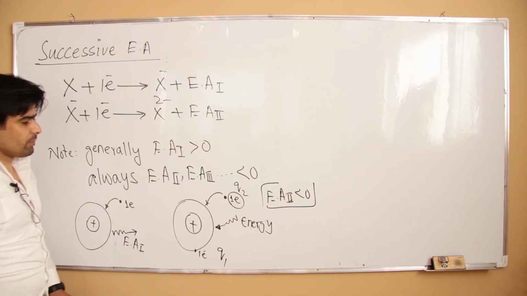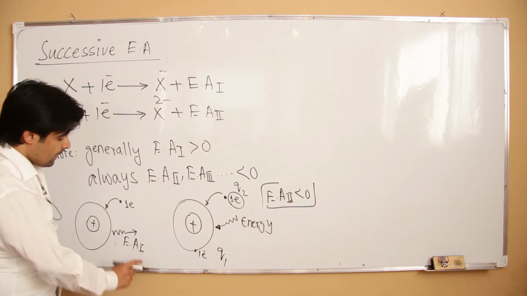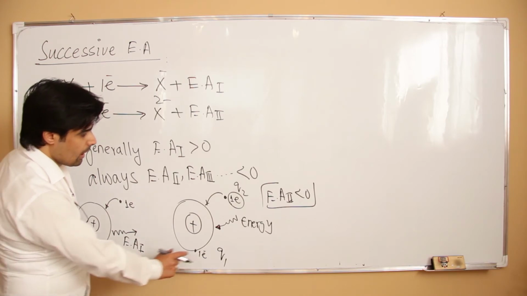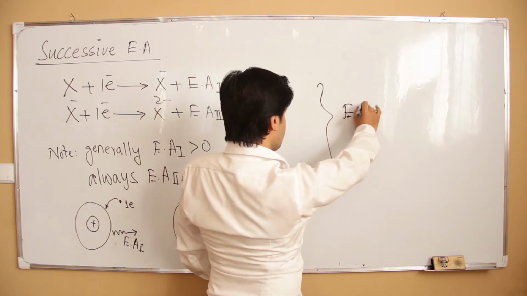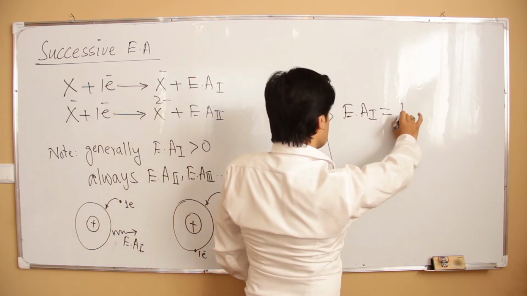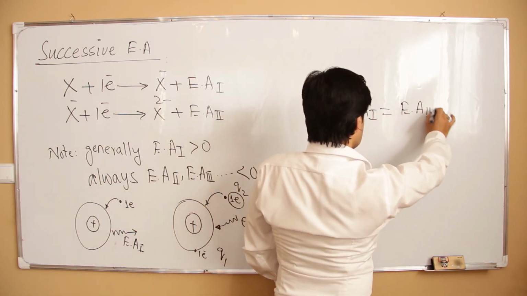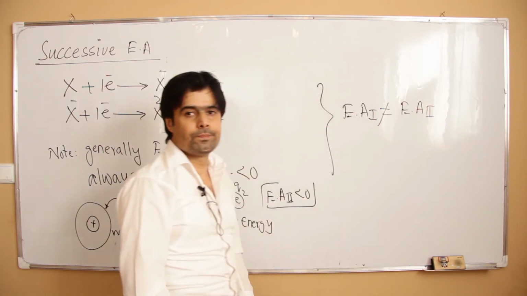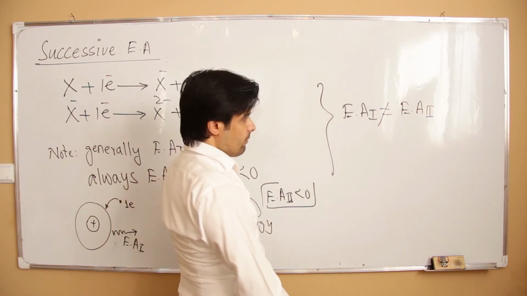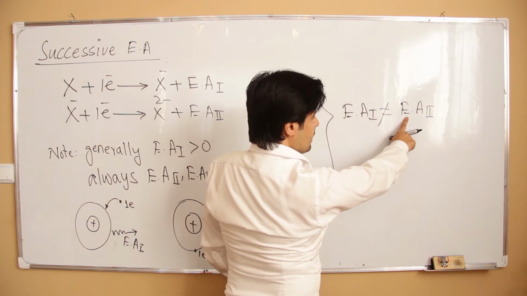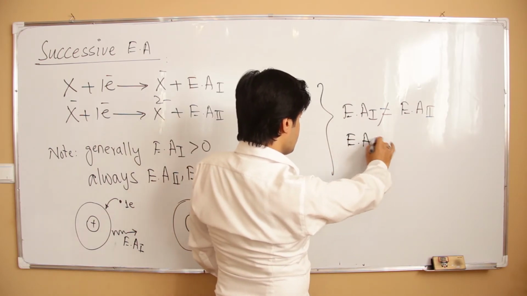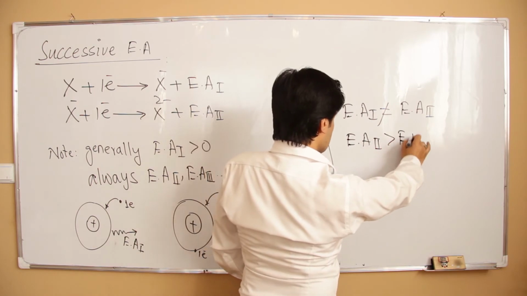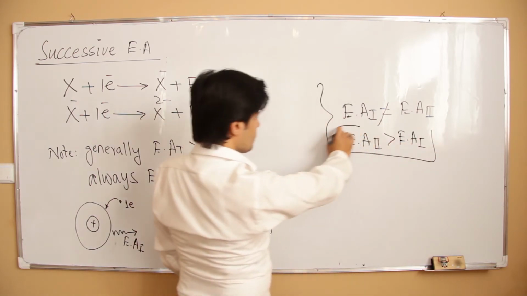One more thing you have to memorize: electron affinity first and electron affinity second are not equal. In value, electron affinity second is more than electron affinity first.